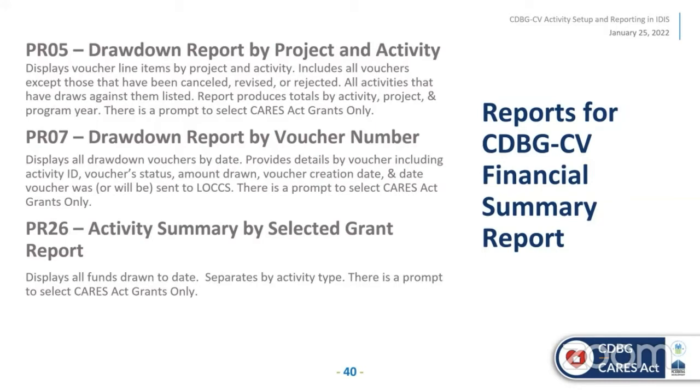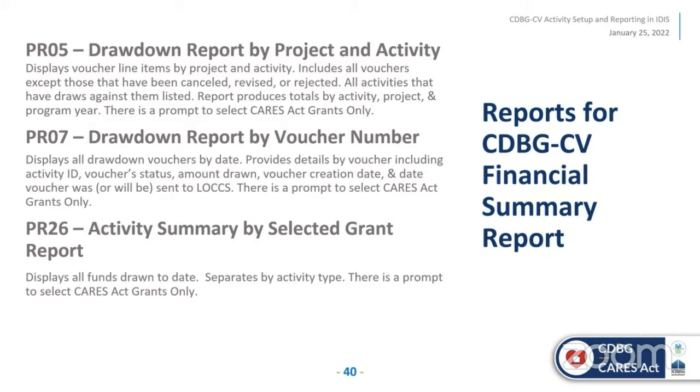The PR05 report is a drawdown report by project and activity. Now for regular CDBG, it's going to show you all the draws for those projects and activities that were done to date. So that's not always as helpful for your regular PR26, but for your CV PR26, if you run it for CV, that'll give you your cumulative spending by activity and will be helpful to look at the report.